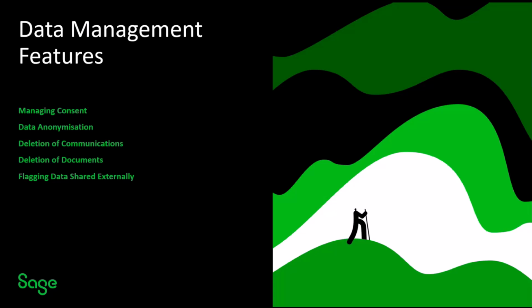So how do you ensure that you are complying with GDPR, where you need to be able to demonstrate that you're managing consent, that you are able, at request of a data subject, that's a natural person, to anonymize their data, and to ensure that all of the communications associated with that person are removed. And now we're looking at the idea of the removal of documents.